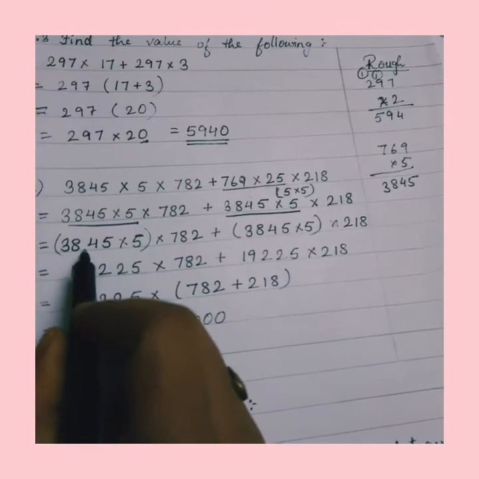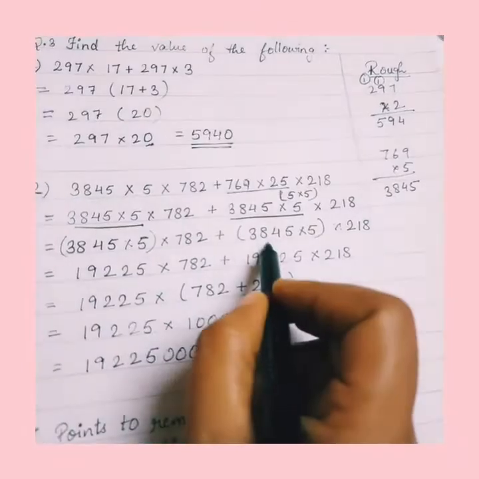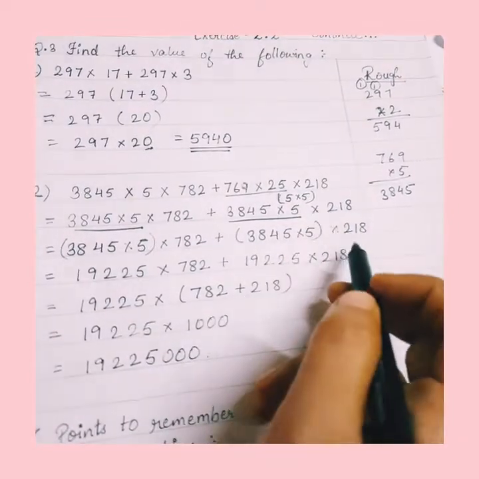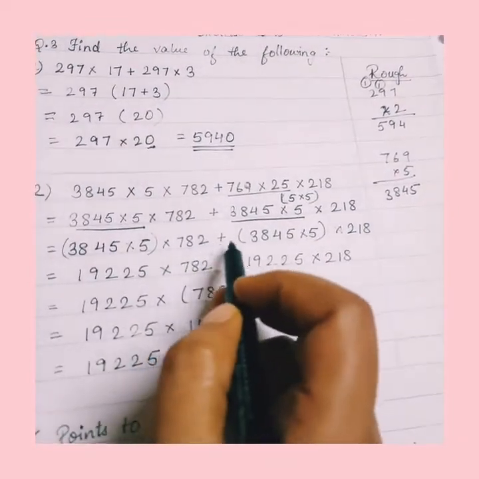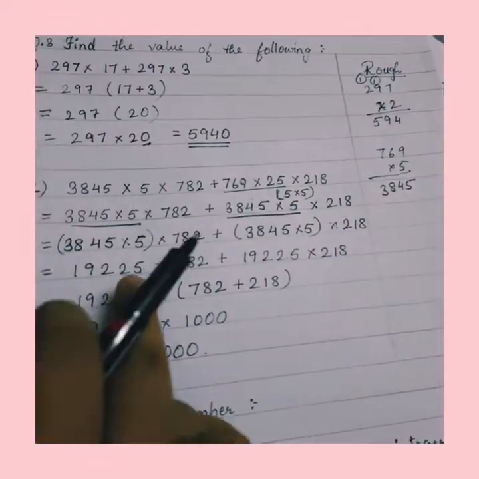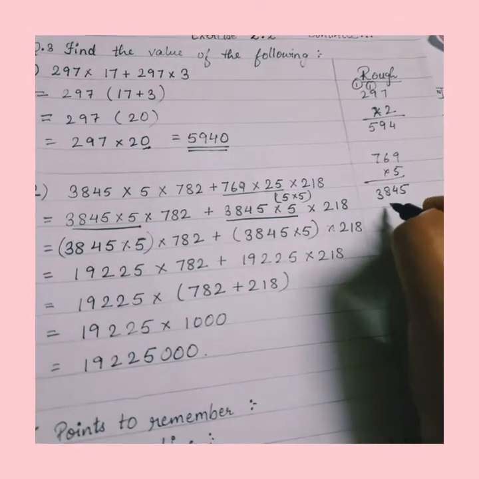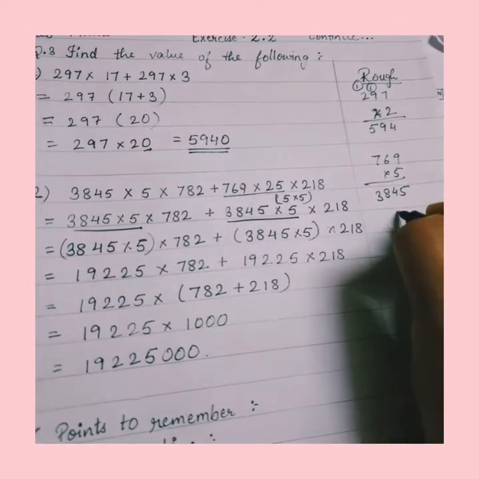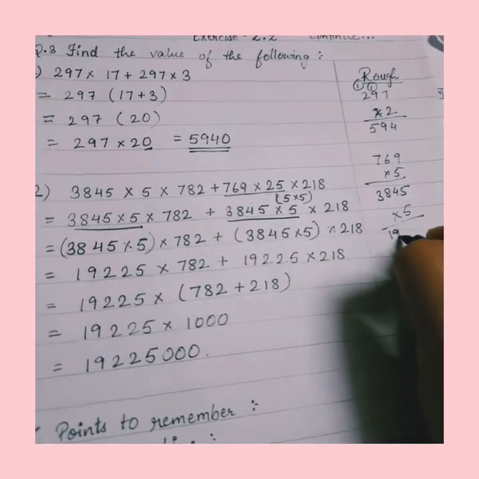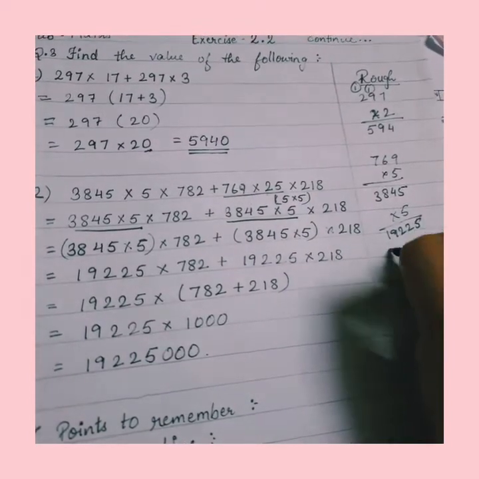So 3845 into 5, and here also into 782 into 218. In between one plus sign is there, so these two I will bring common, and on multiplying 3845 with 5, I will get 19,225.